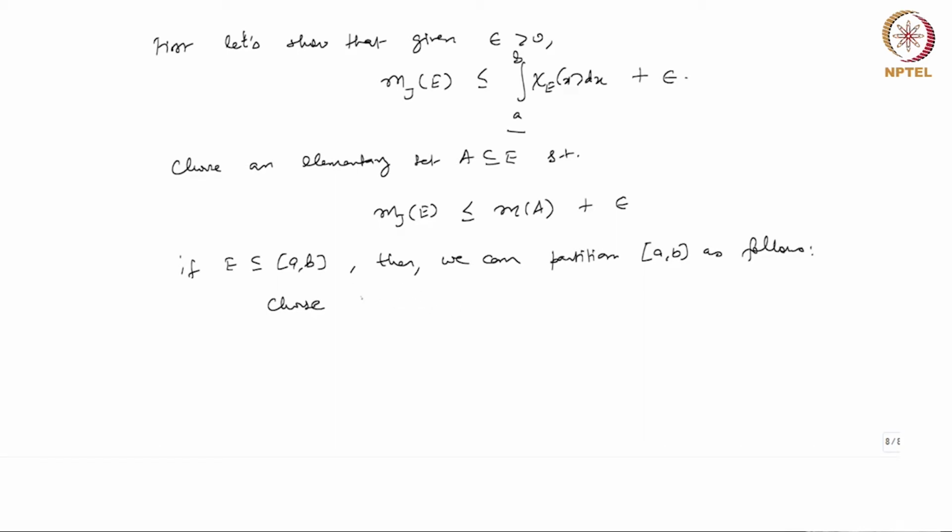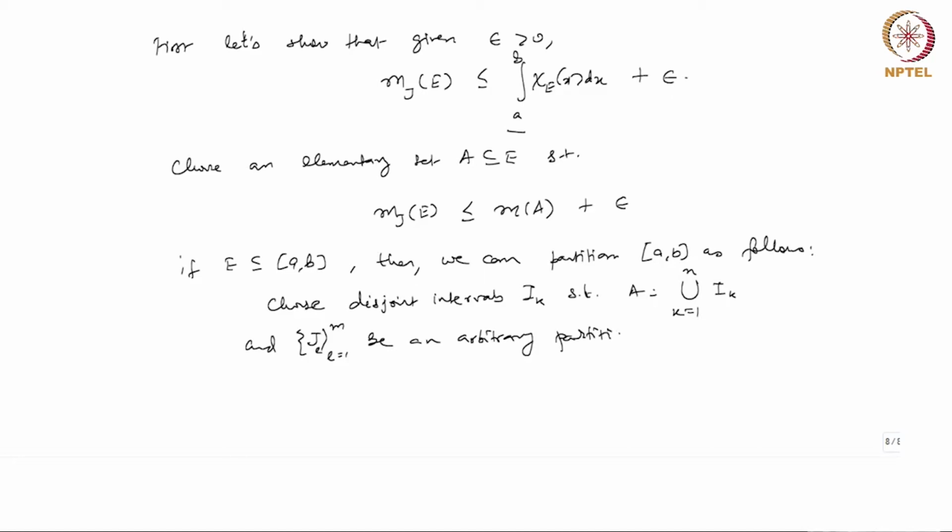You can in fact choose disjoint intervals ik such that A is the union of ik, k equal to 1 to n, let's say, and we can let JL, L from 1 to m, be an arbitrary partition of the set AB minus A. So we take the partition inside A with the disjoint intervals ik, which is used in the disjoint union expression for the elementary set A, and we can take an arbitrary partition for AB minus A.